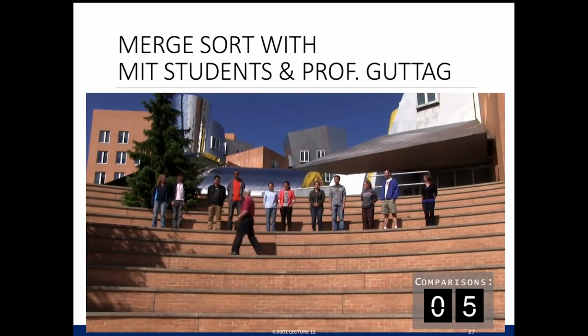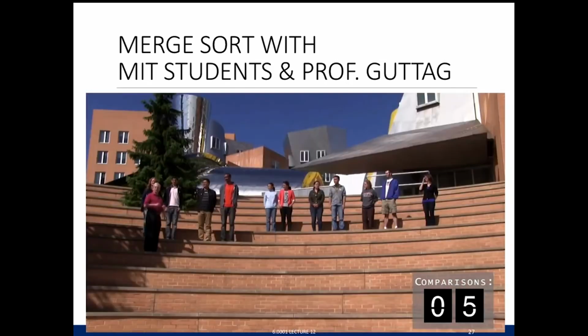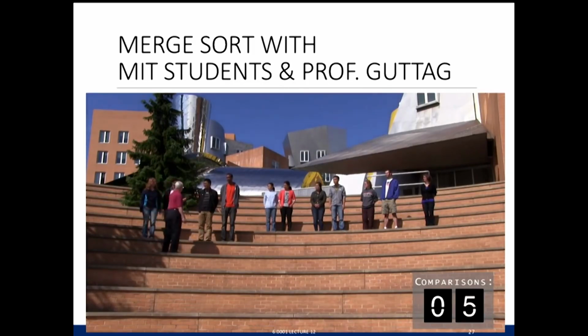So let's have these 2 groups, going to sort these groups, have them step forward. And now what we're doing is we're doing a merge of the 2 sorted groups. So we start by merging them. We'll take the leftmost person in this group and compare her to the first person in this group and decide she's still the shortest.